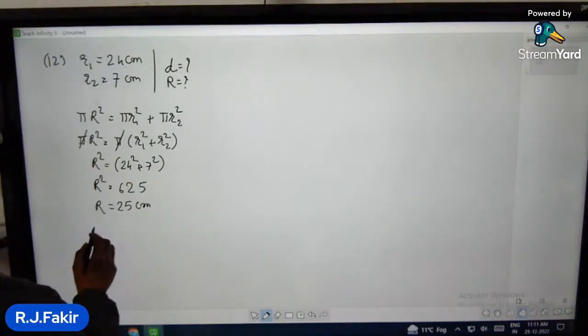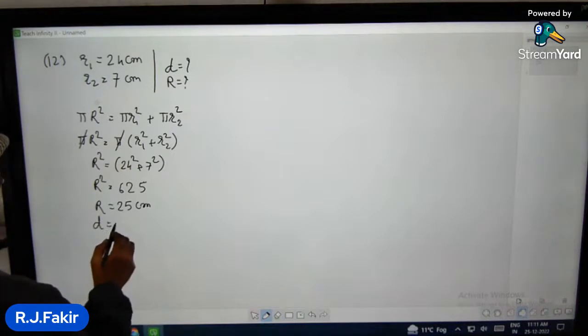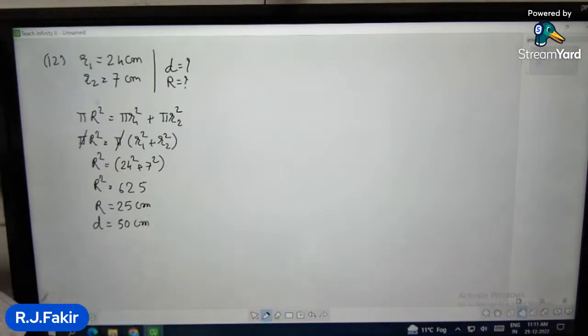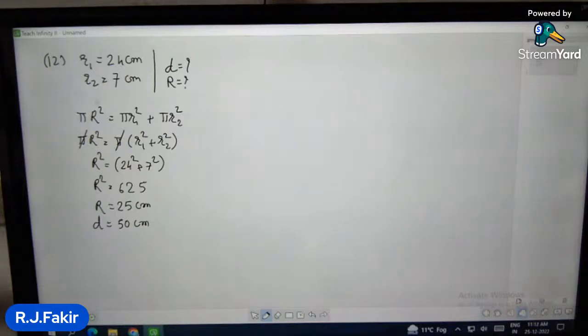And what about the diameter? It will be twice of this, so 50 centimeter. Which option is correct here for 50 centimeter? For the 12th question, 50 centimeter is option D.